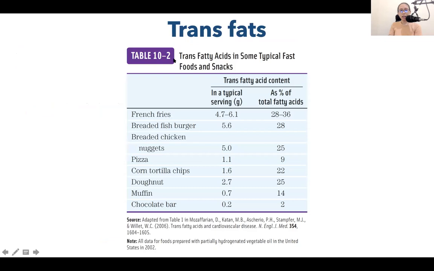Okay. Trans fats. So, yung trans fats, I'm sure narinig nyo na rin yung trans fats. Nagkakaroon ka ng trans fats through the process of hydrogenation.